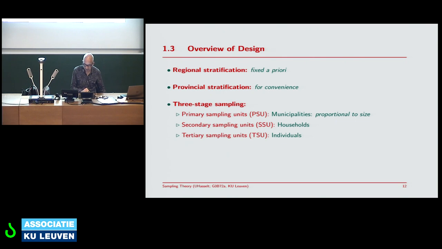And by that we mean as it was before the municipalities fused into larger entities. And then we have statistical sectors, etc. So we have a lot of entities, but when it comes to three-stage sampling, I will indicate that we go finally to individuals in three steps. We make selection in three steps.